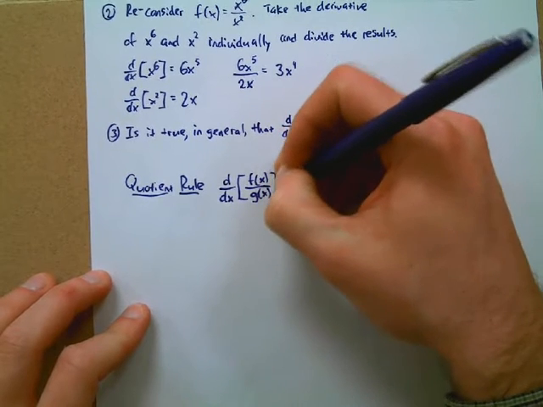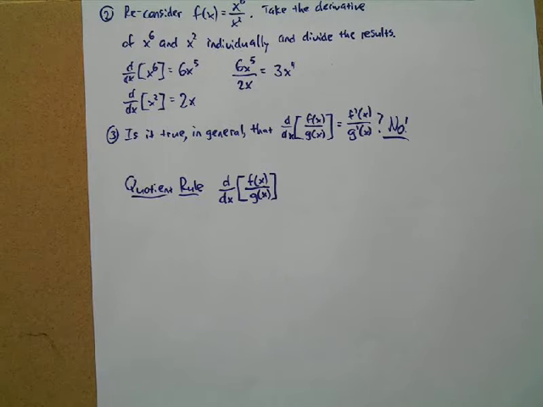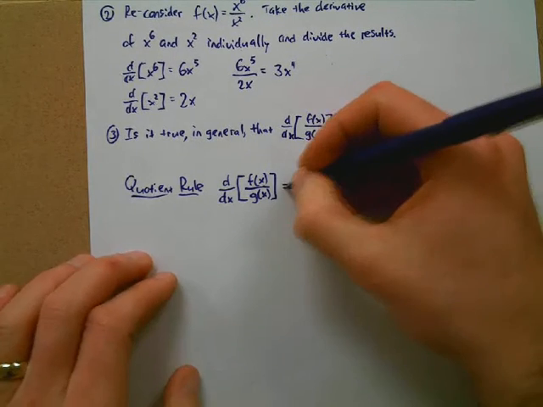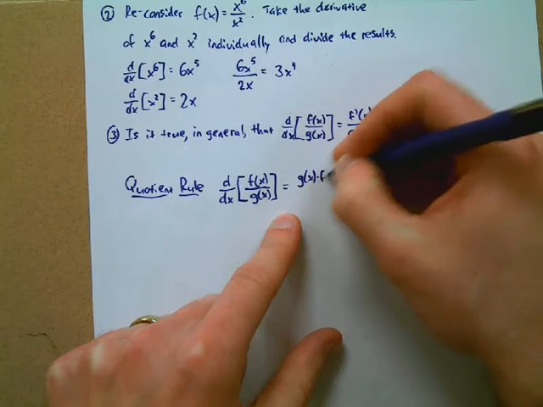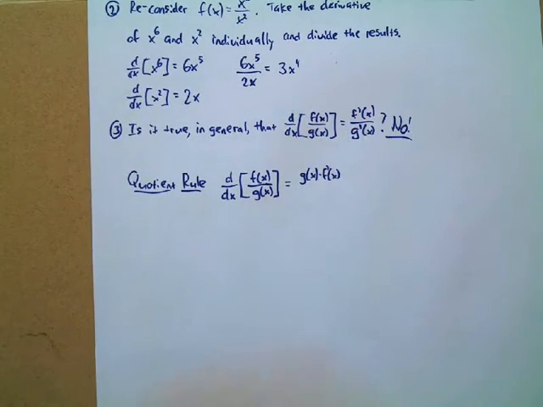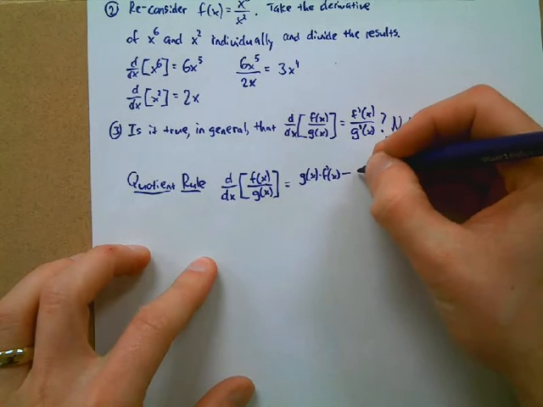Okay. Is equal to g of x times f of x, sorry, f prime of x. Okay. G of x, the denominator, times the derivative of the numerator. So g of x times f prime of x minus f of x times g prime of x.